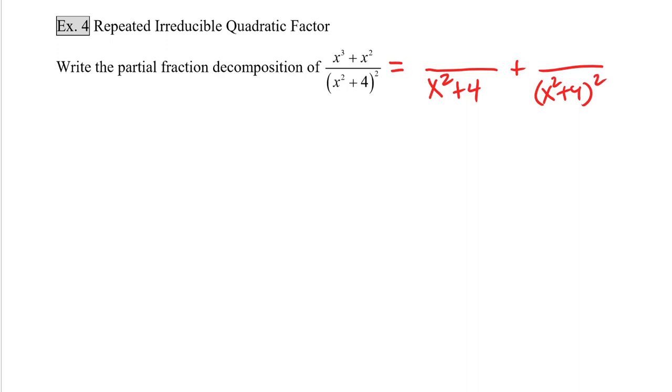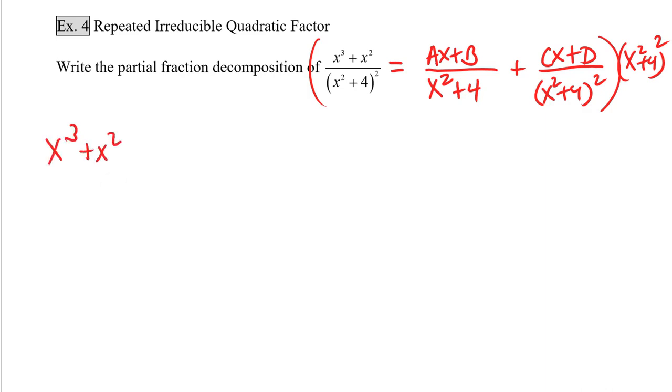Now because these are quadratic factors, the numerators have to be linear. So we'll have ax plus b plus cx plus d. The next step is to always multiply both sides by the LCD, giving x cubed plus x squared has to equal ax plus b times x squared plus 4 plus cx plus d.